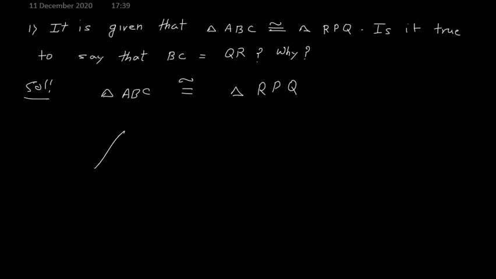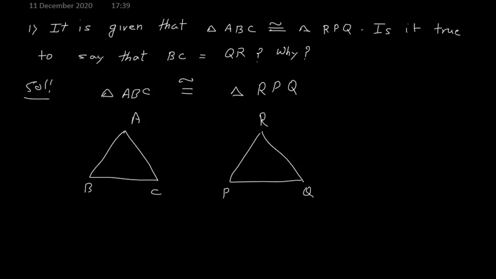I will draw one triangle ABC, and here I will draw triangle RPQ. Now I will name it RPQ, corresponding parts, not as PQR. So triangle ABC is congruent to triangle RPQ.